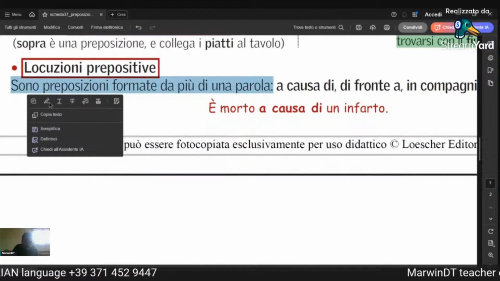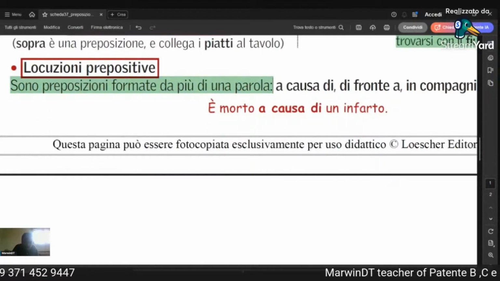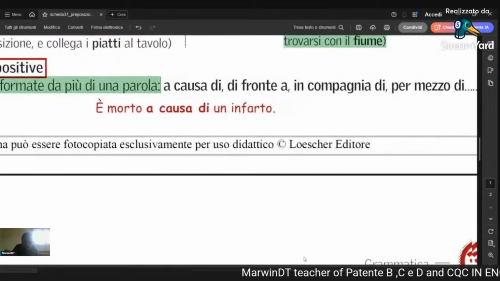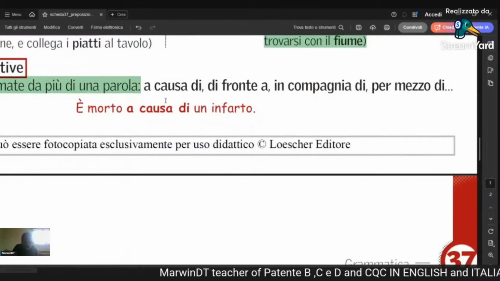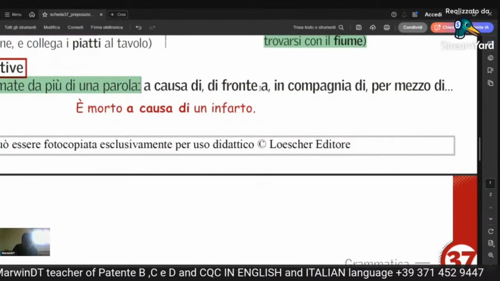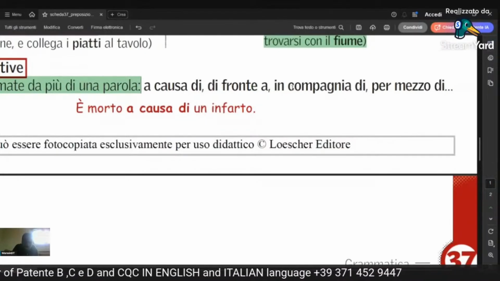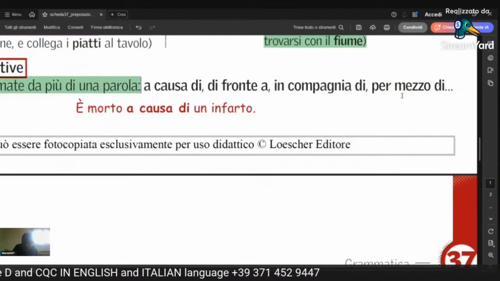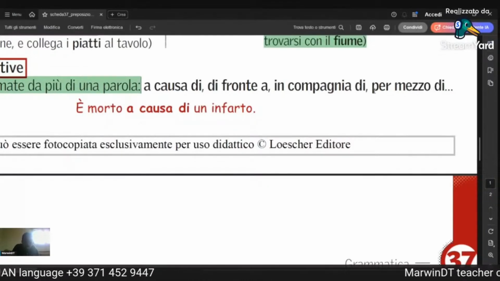So which are these words and how are they formed? These are examples: a causa di, di fronte a, in compagnia di, per mezzo di. These are examples of prepositions that are formed by more than one word.